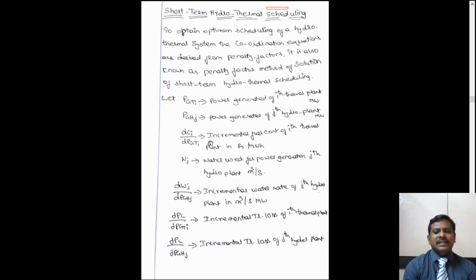So here dCi/dPGTi, as we have seen for unit 1, is nothing but the incremental fuel cost of the ith thermal plant. The next one is Wj, which is the water used for the power generation of the jth hydro plant, given in meter cube per second.